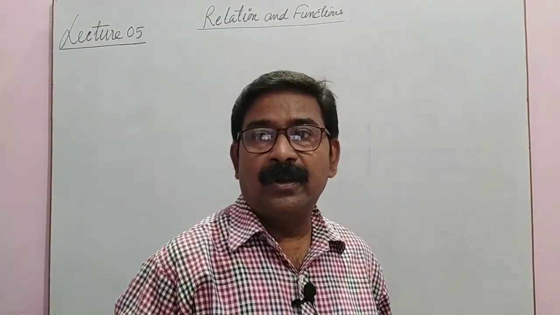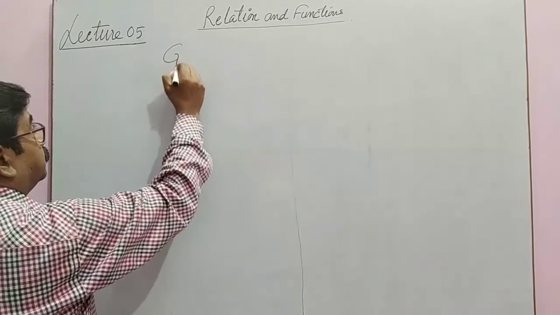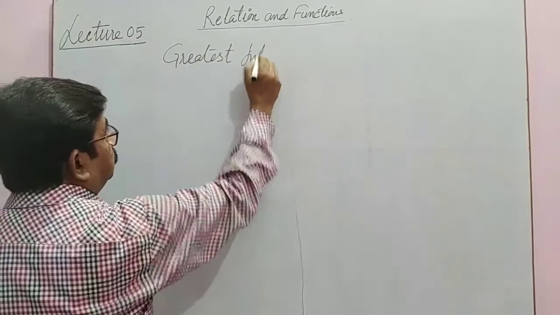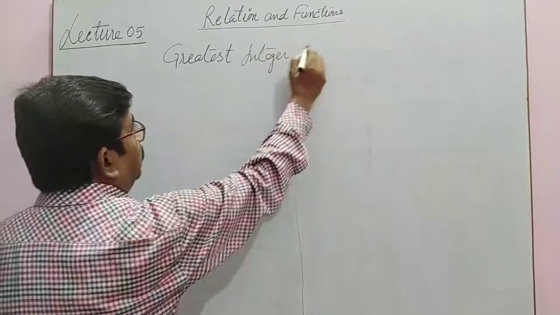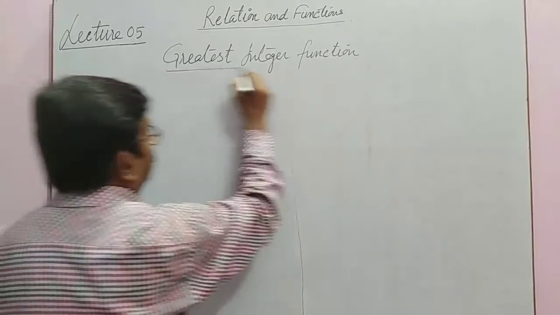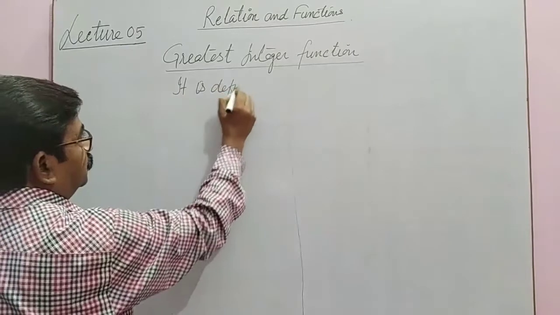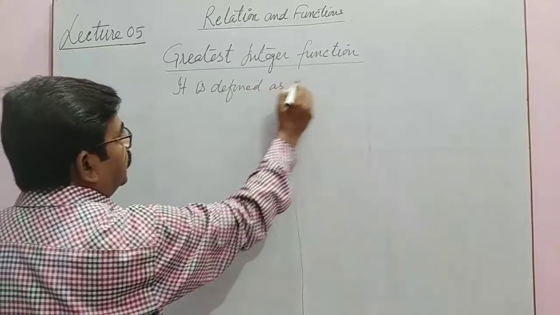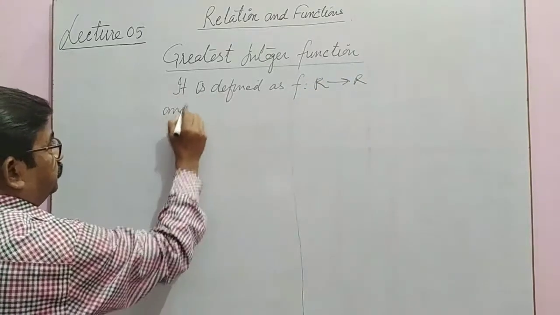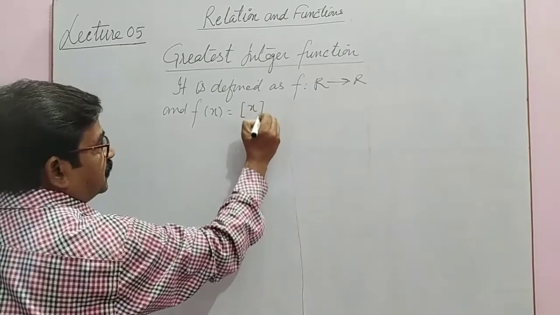Now students, we are coming to the next function. This is the greatest integer function. It is defined as f such that R to R and f(x) is equal to square bracket x.